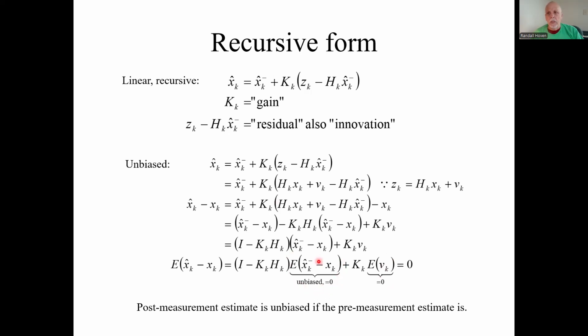And what about this? Well, if our estimate prior to processing the measurement was unbiased, then this is zero. And then the whole thing is zero, so our estimate post-measurement is also unbiased. And in a little bit later, we'll show that this is truly unbiased, which means if we were unbiased before we process the measurement, we'll be unbiased after we process the measurement.